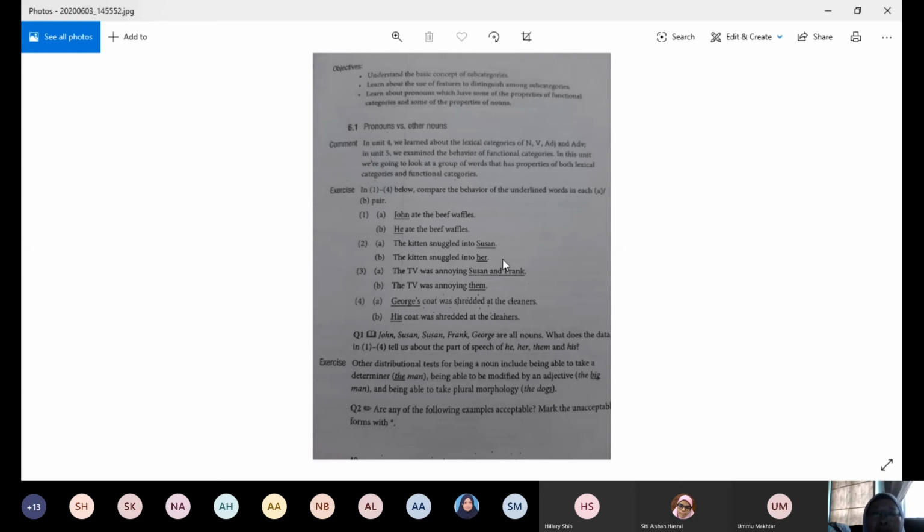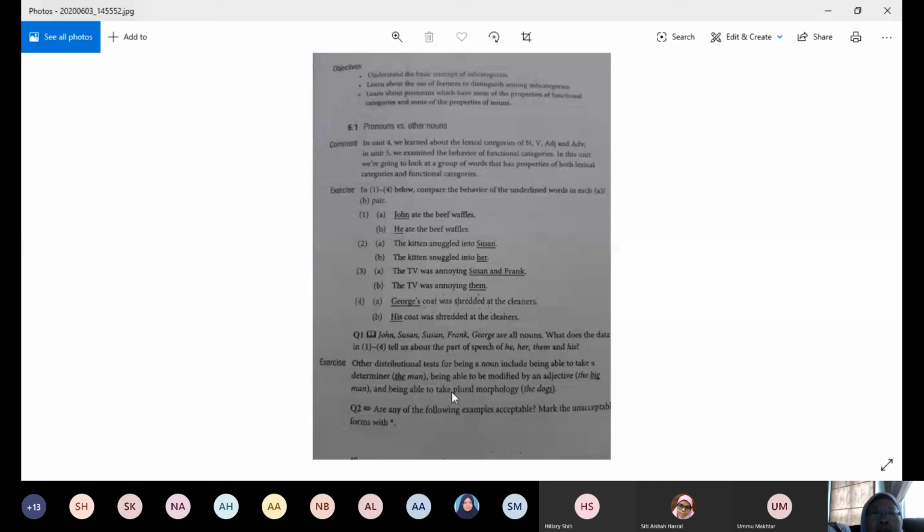So it can replace a coordinated noun. George's coat was shredded at the cleaners. So you find that George can take on an apostrophe S, possession. And then the same meaning, possession, can also be taken by his coat. His coat means the pronoun his shows possession also, kan?